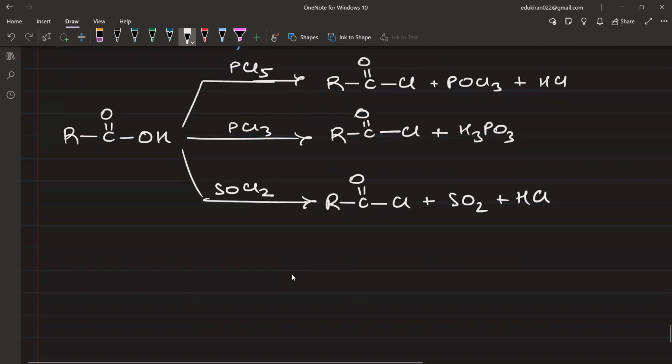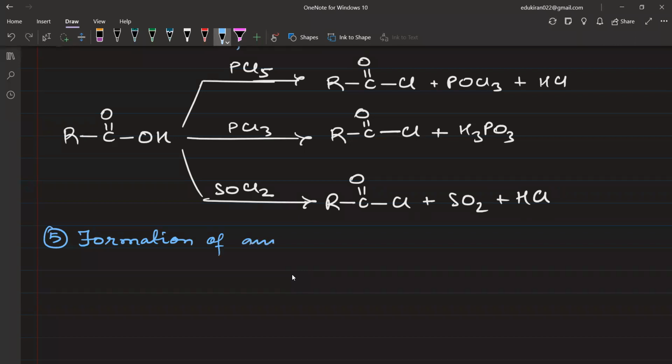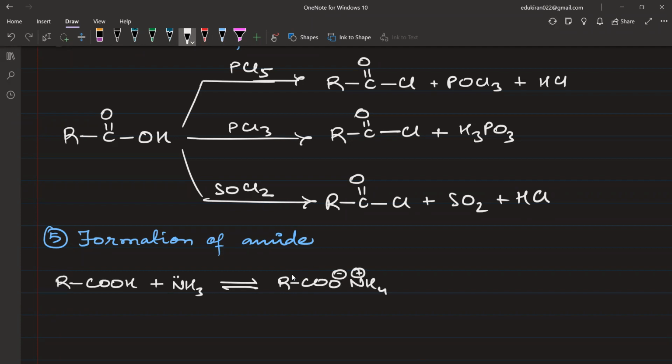Right, next, formation of amides. If you react carboxylic acid with ammonia, now ammonia is a base, it will attack the H atom of the carboxylic acid, and it is going to form a salt, that is R, COO negative, NH4 positive.